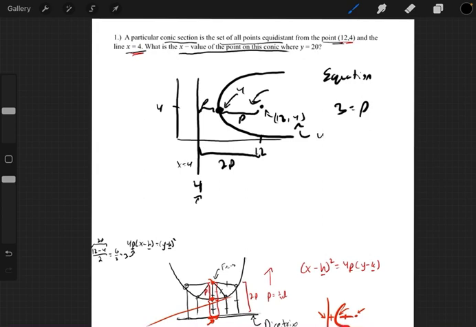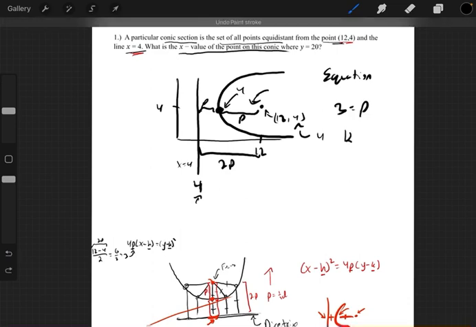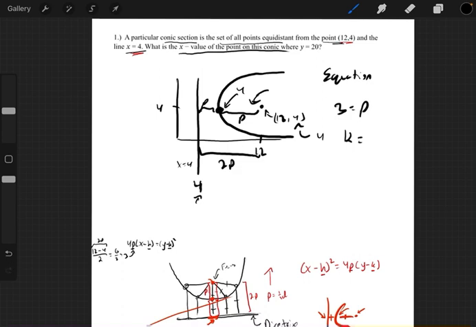So 4 and 4. That means k, the y value for the vertex, is 4. I hope that part made sense. That's k, by the way. And now for h, how do you find h?